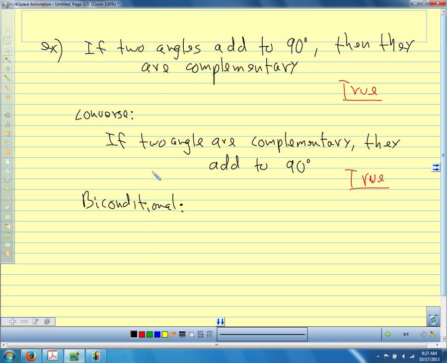Okay, so let's look at our original conditional. What's the hypothesis? What's the first part? So I'm going to say two angles add to 90 degrees, and then I'm going to put if and only if they are complementary.